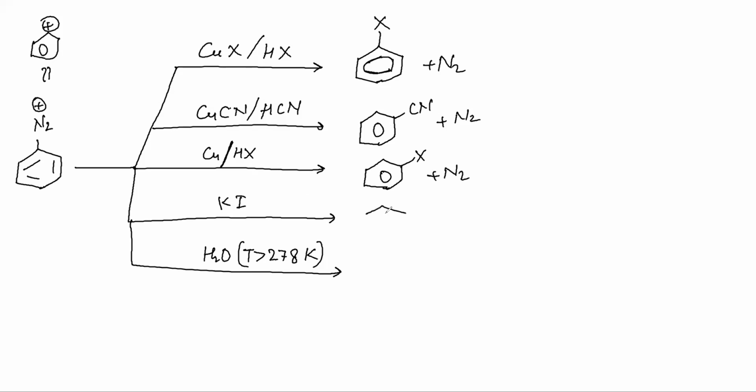What is negative part in fourth? I, sir. Yes. Remember, X is not fluorine and iodine. And if we treat it with water, remember temperature should be more than 278 Kelvin, means above 5 degrees Celsius. What will be the product here? OH will be supplied. Yes, correct.